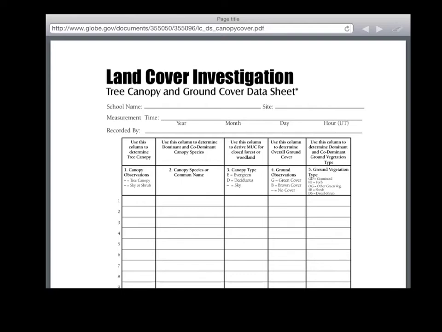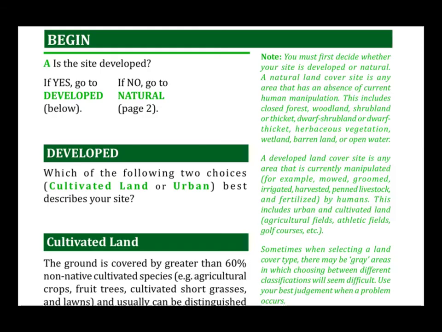So after we get that information, especially this one column right here, we'll be able to get a percentage of evergreens to deciduous, and we'll be able to then go to this key, which is just like the keys we used in class today.